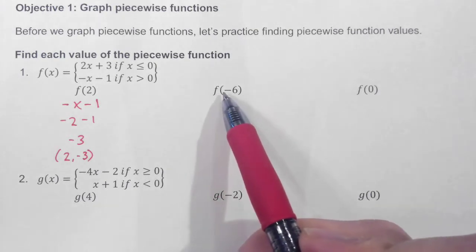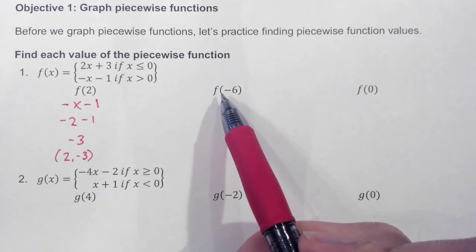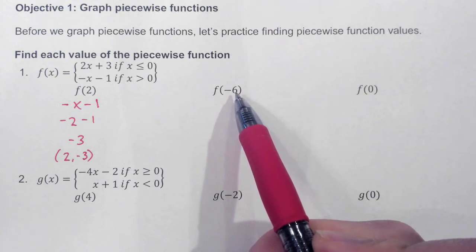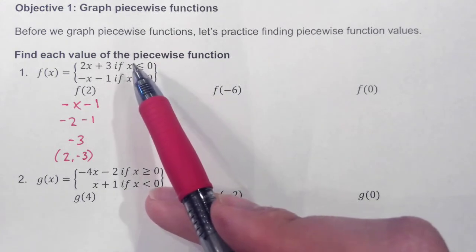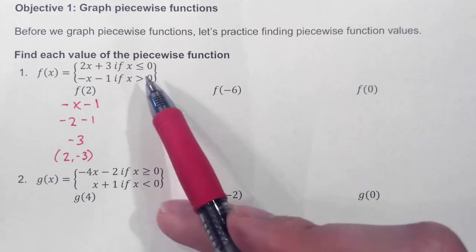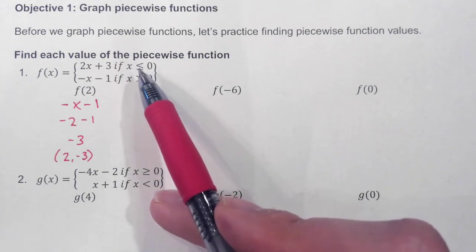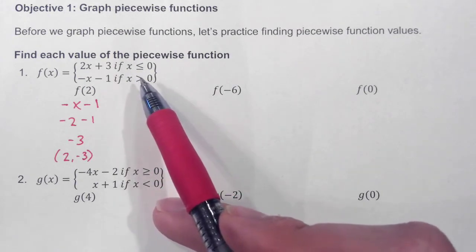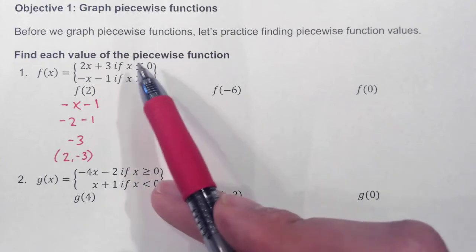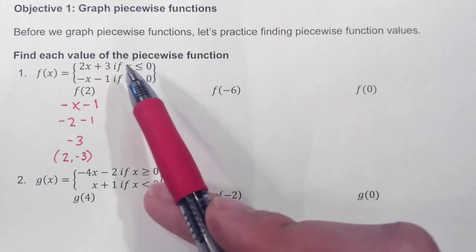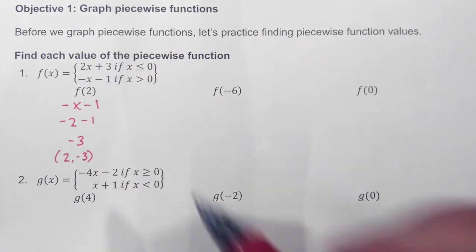The next one they say to find f of negative 6. So again, we have to determine, does negative 6 go in here or there? So is negative 6 less than or equal to 0, or is negative 6 bigger than 0? Well, negative 6 is less than or equal to 0. So that means we would be using the 2x plus 3 piece.